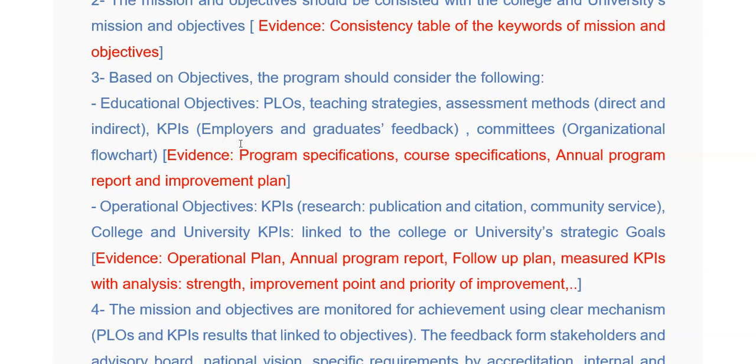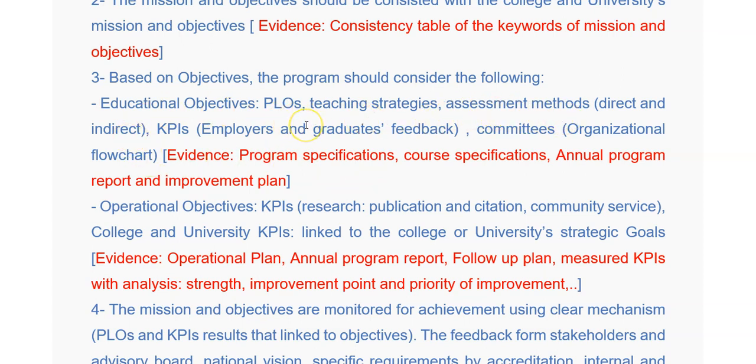Third, based on objectives, the program should consider the following. As I said before, we have two main types of objectives. We have educational objectives, and these educational objectives are related to the teaching, to the education, and so also in this you have to write about your program learning outcomes, teaching strategies, assessment methods, direct and indirect.